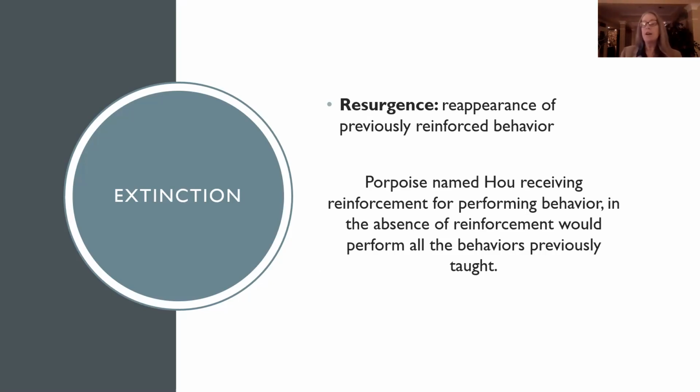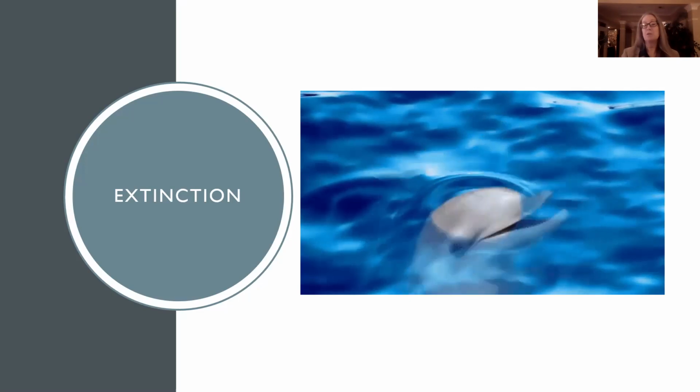Maybe she starts walking over near the pee pad or peeing on the pee pad. She's giving me other behaviors that used to lead to reinforcers. Your book talks about the porpoise named How. I'm not sure how to pronounce the porpoise's name, I might be mispronouncing it, but it received reinforcement for performing a behavior. In the absence of the reinforcement, the porpoise would perform all different kinds of behaviors that had been previously taught. And there's the porpoise. Look at her.